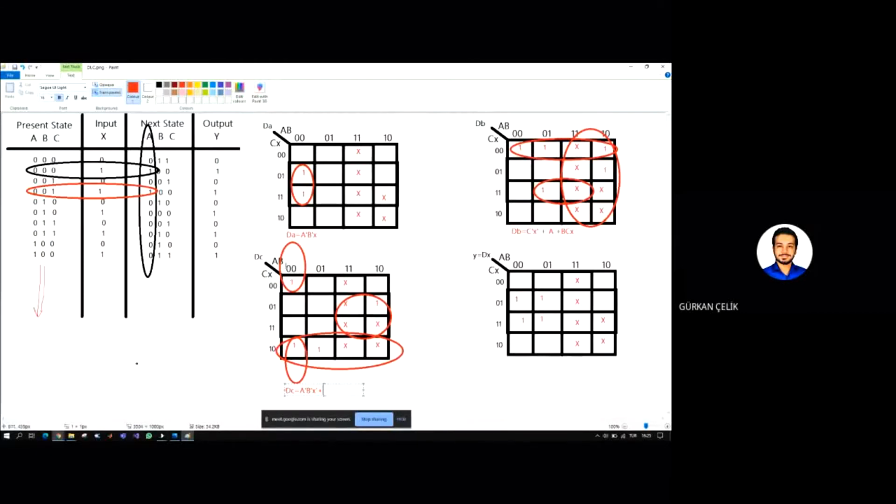So there shouldn't be anything with A and B for this circle. Doing the bottom row, what's that? C and X complement. Yes, correct. And also plus, and the last one, we have this circle.